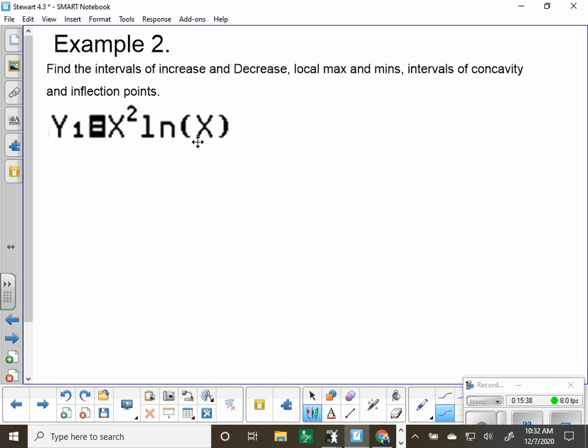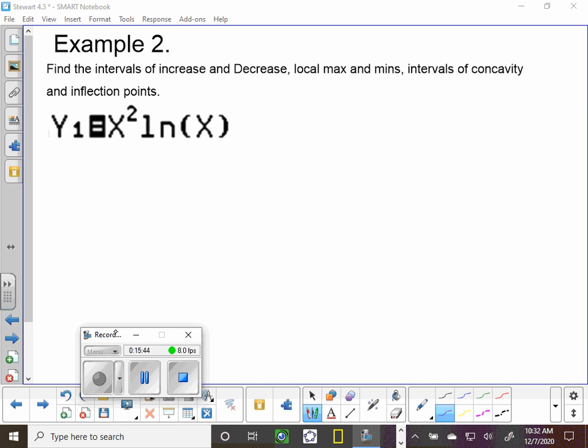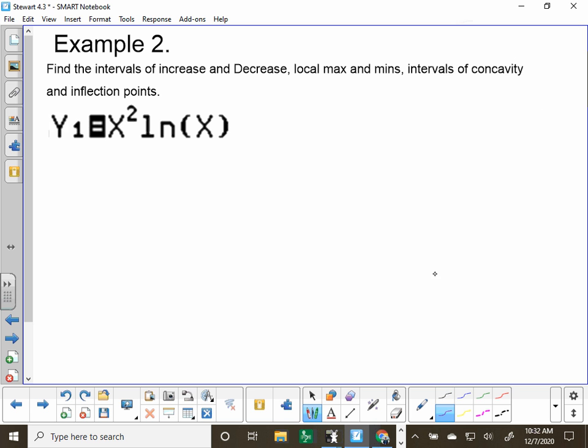So we're going to take the derivative of this. Actually, I'm going to collapse this and get it out of the way, and then I'll have to remember to bring it up again.